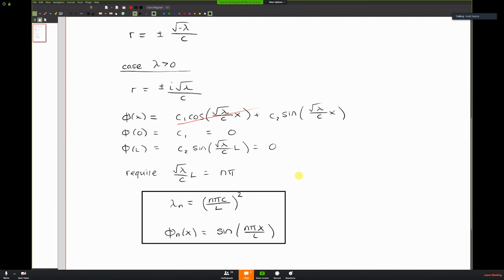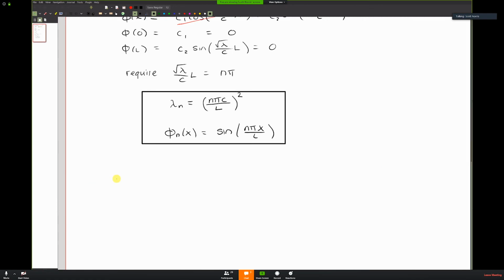Okay, so this tells us in turn what the transform is going to be, right? What is the transform pair?